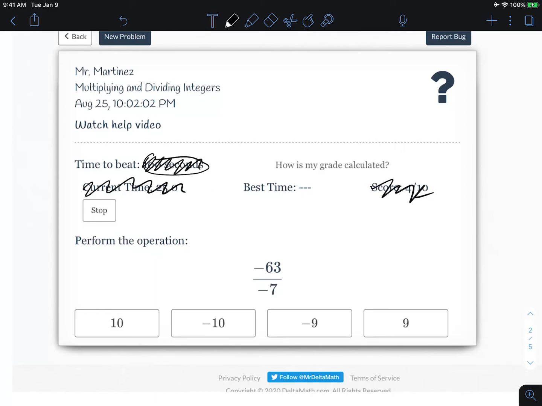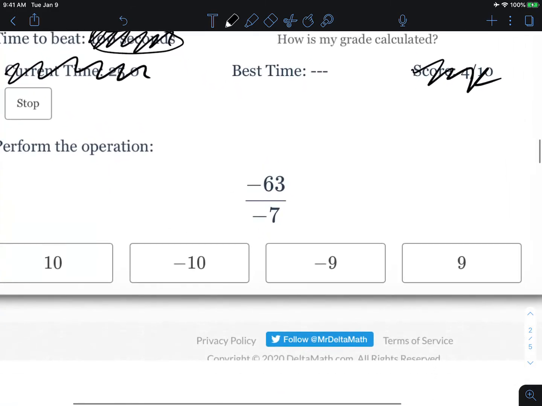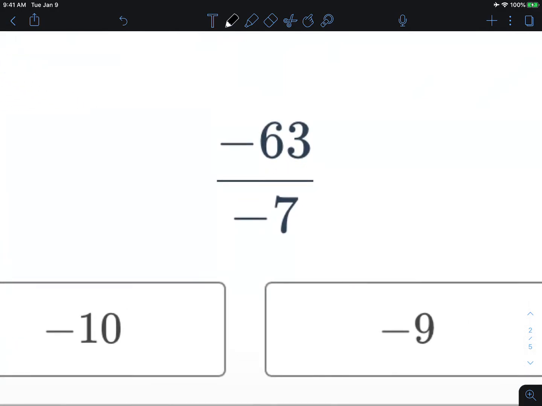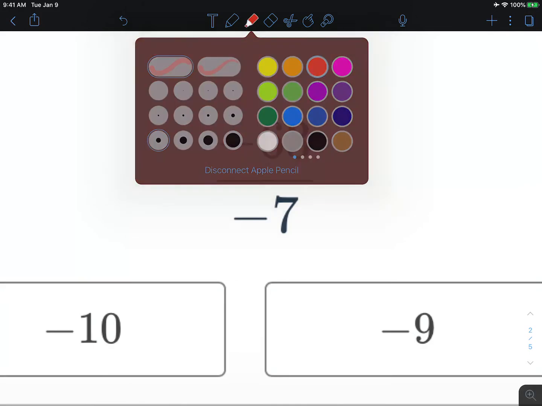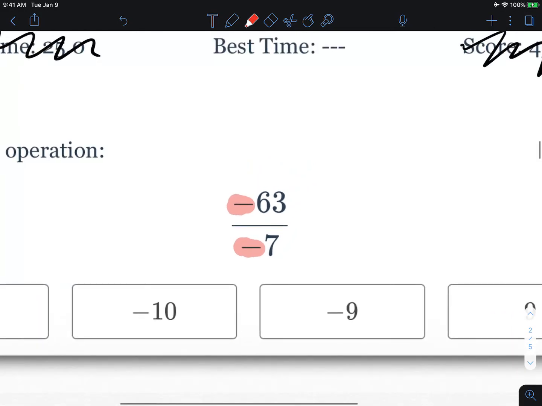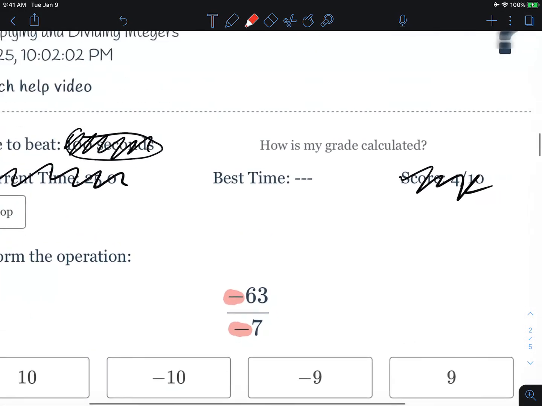All we're going to worry about is the problem here. So we're going to see here we have negative divided by negative. Negative divided by a negative.